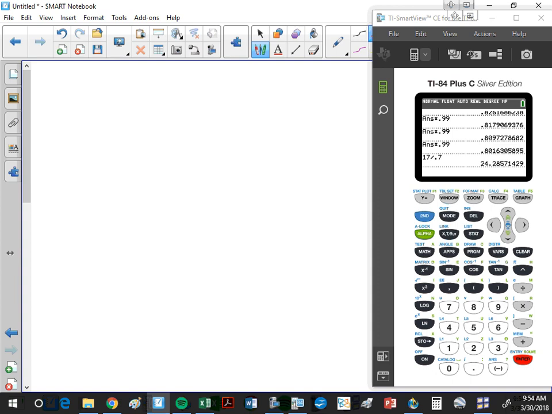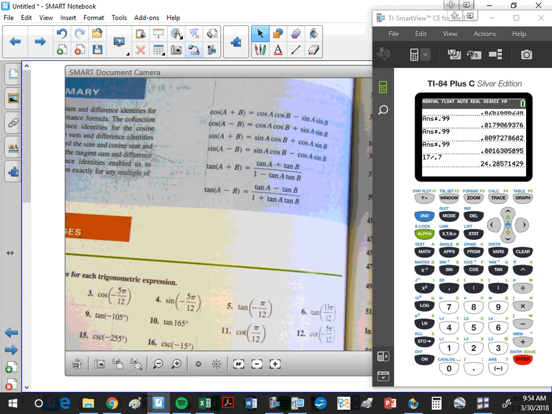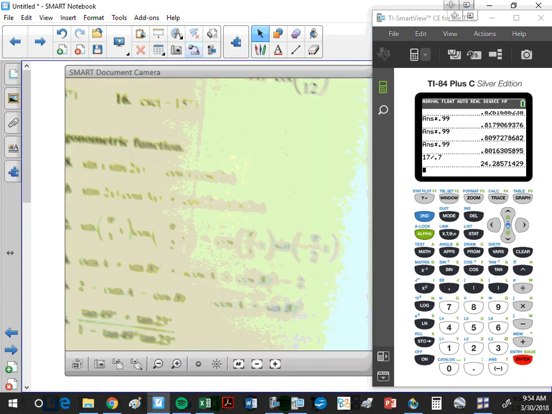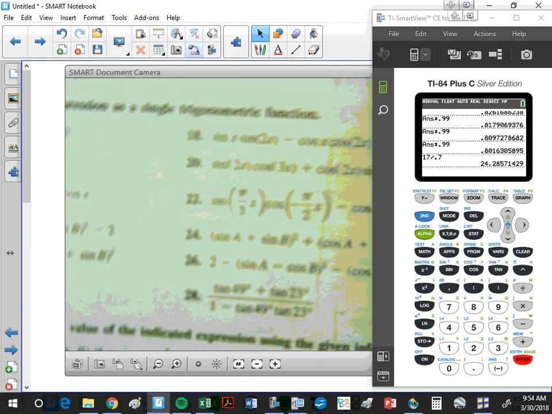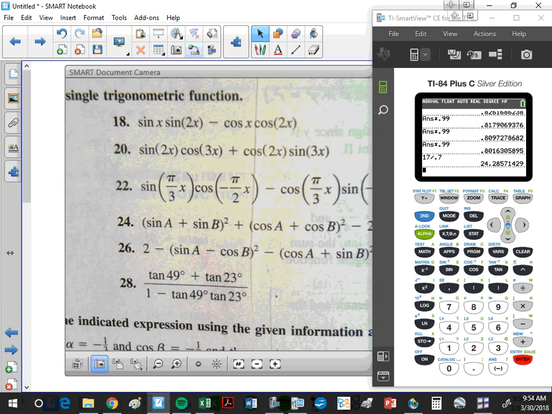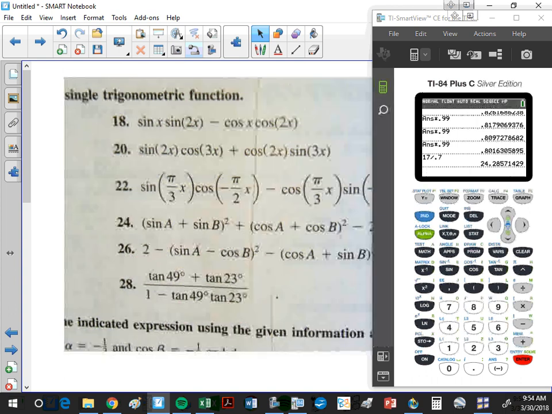So look at number 18. Number 18 says, simplify into a single trig function. So I have the sine of x times the sine of 2x minus the cosine of x times the cosine of 2x.